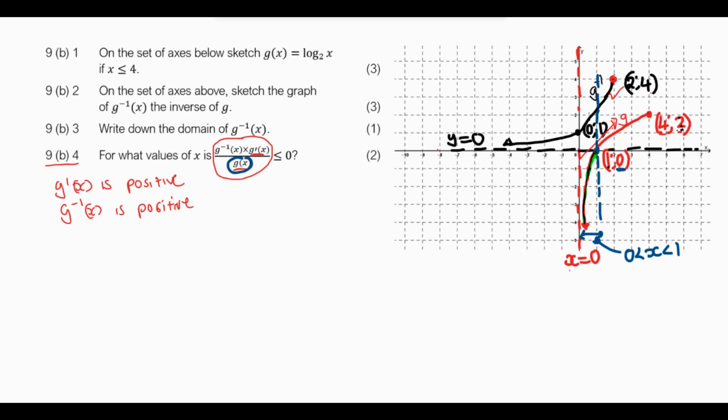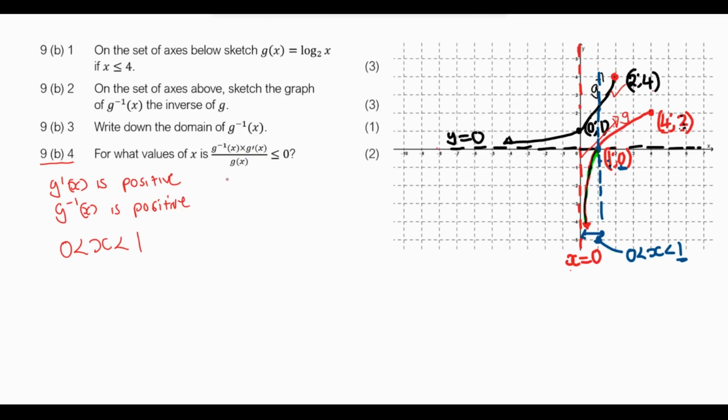That's why we cannot include 1. This whole expression is less than or equal to 0 when x is greater than 0 but less than 1. 1 is not included, for the reason that if g of x is 0, it becomes undefined.